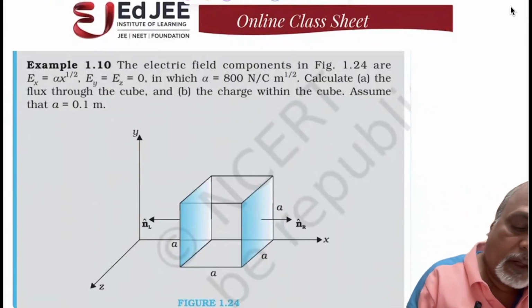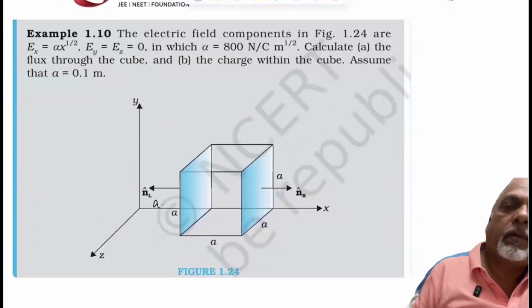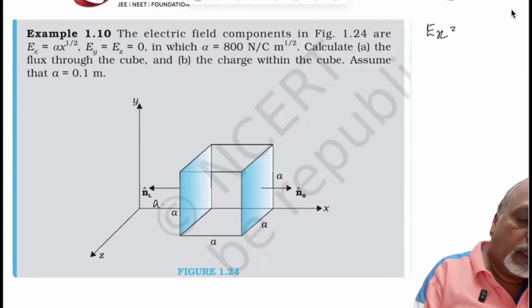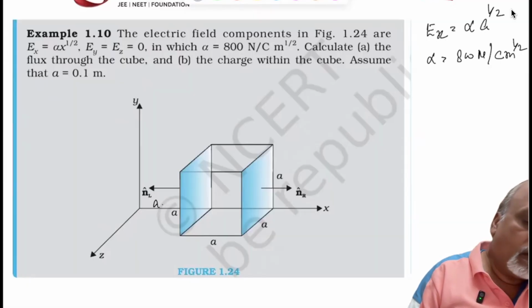Electric field components are Ex. So let us see this question. This question says your Ex is alpha x^(1/2). Alpha is given as 800 Newton per Coulomb meter^(1/2), correct?